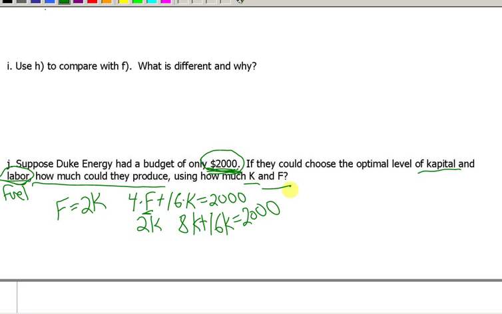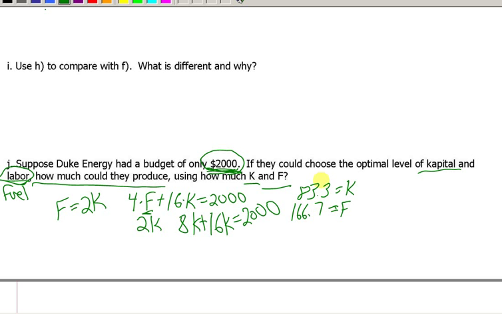In this case, we would want to use 83.3 Ks. We're going to use twice as many Fs. So multiply that times 2, and we get 166.67. We can just round it off there.